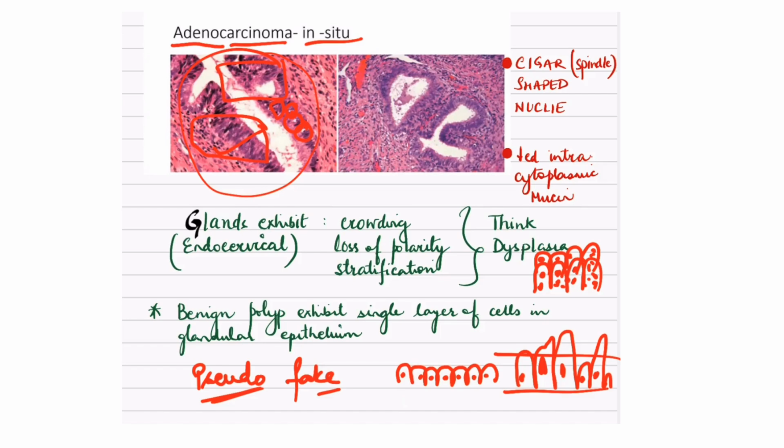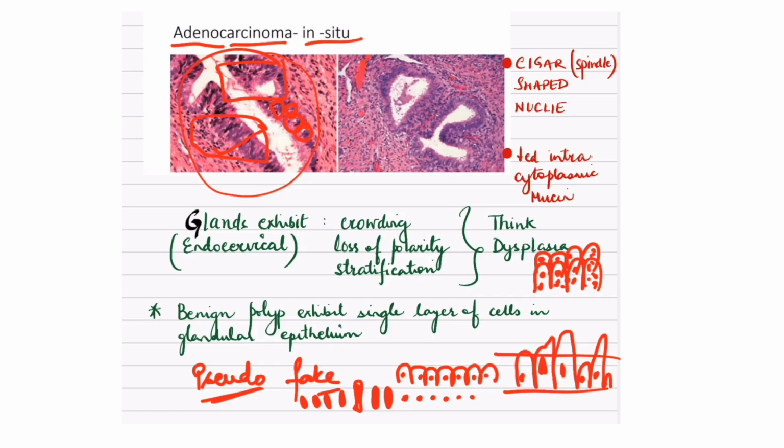So instead of just benign and small looking nuclei, they have become cigar shaped now. Yeah, spindle. So when you see all these features, start thinking of dysplasia and even adenocarcinoma in situ, because that's what will differentiate a carcinoma, proper carcinoma, from an in situ carcinoma.